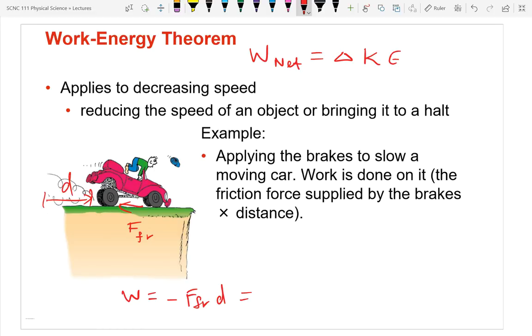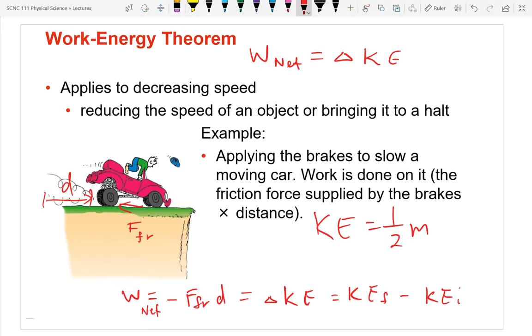And according to the work energy relation, that's equal to the change in kinetic energy, which is the kinetic energy final minus the kinetic energy initial. If he's not going to go over the cliff, what's his final kinetic energy going to be? Since kinetic energy is 1/2 mass times speed squared, the final kinetic energy is 0 if he doesn't go over the cliff.